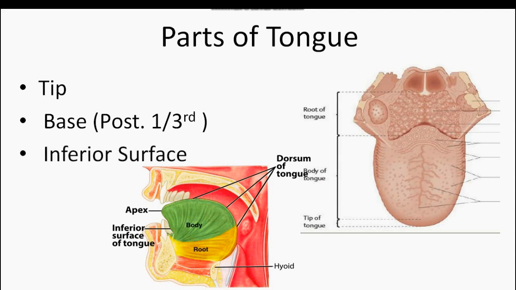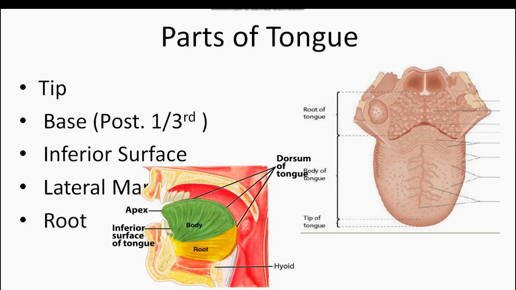Then inferior surface of the tongue. See, this is the inferior surface of the tongue. Then this is the lateral margin. This is the lateral margin of one side and this is the lateral margin of the other side.